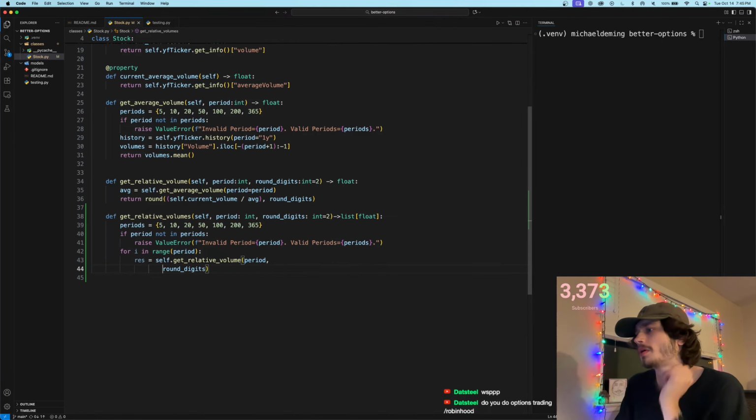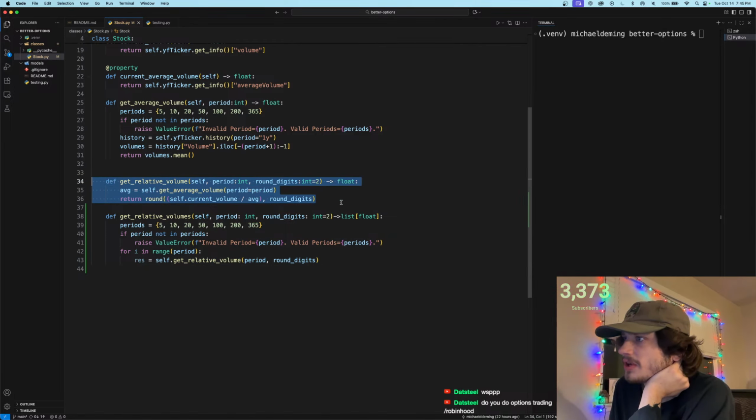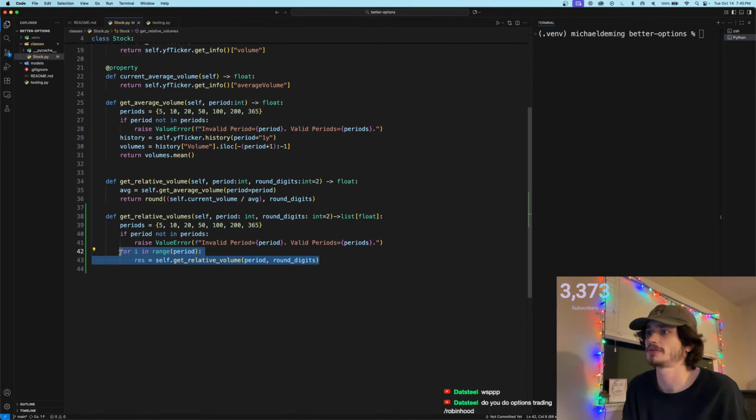Because what this is going to do is go over every number, 5, 10, 15, 20, for like 365 relative volumes given the same period for each of the average volume. And so then what we're going to do is just go like this, actually.